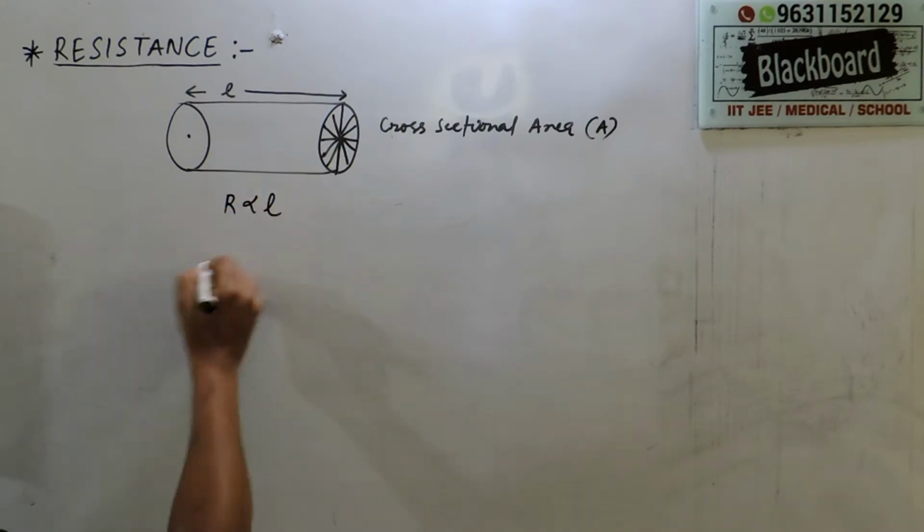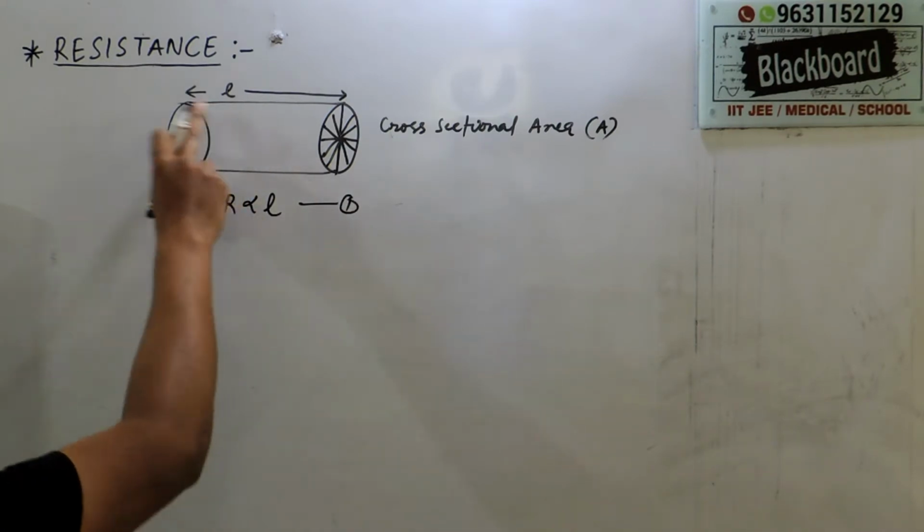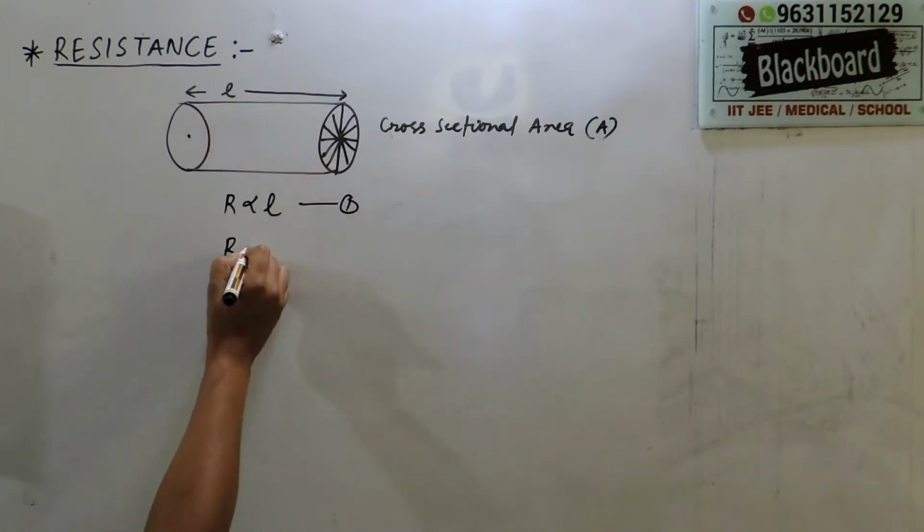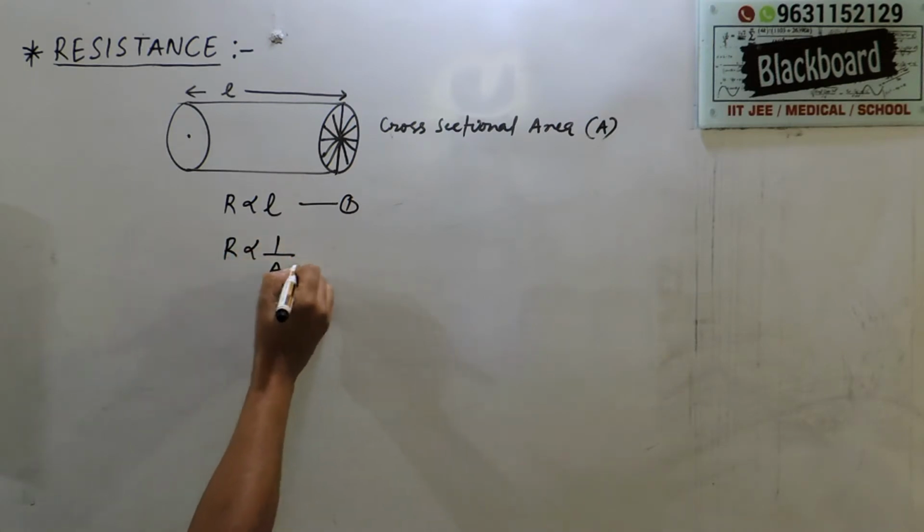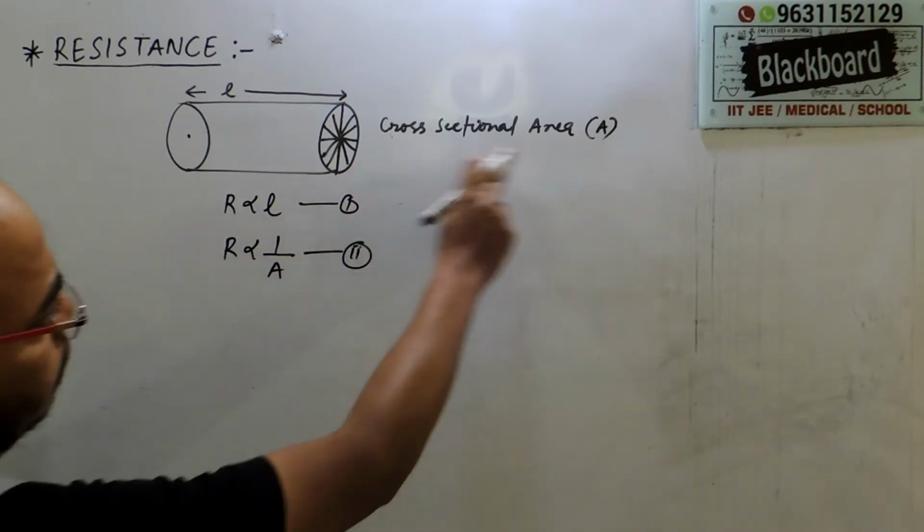R is directly proportional to the length of the conductor, this is L, and R is inversely proportional to the cross-sectional area of the conductor.